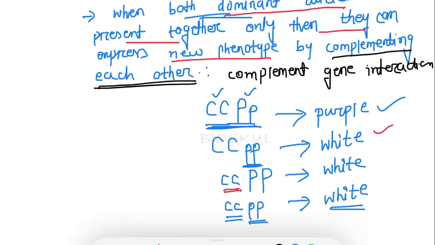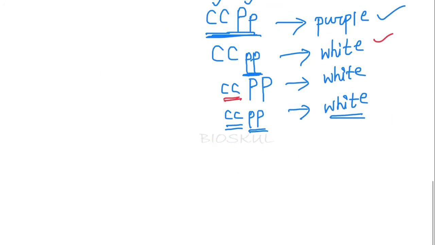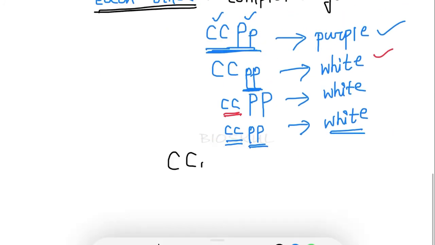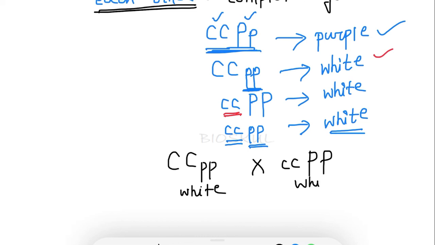Similar here also. Okay, so now we'll see what is the F2 ratio of duplicate gene interaction, complementary gene interaction and recessive interaction. All are the same, right? Let's cross capital C, small p with small c, capital P. So this one has phenotype white, and this one also has the phenotype white color.